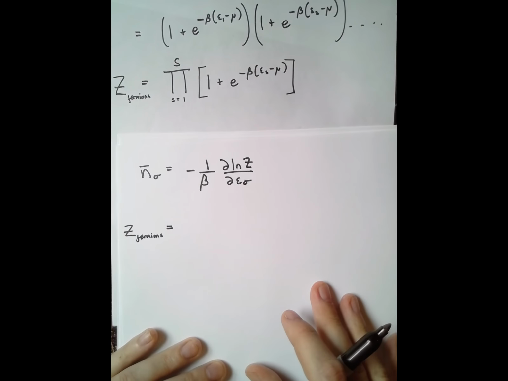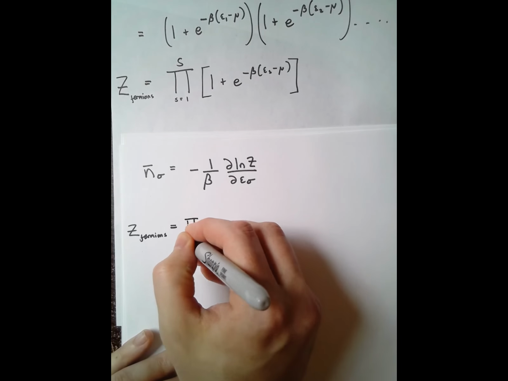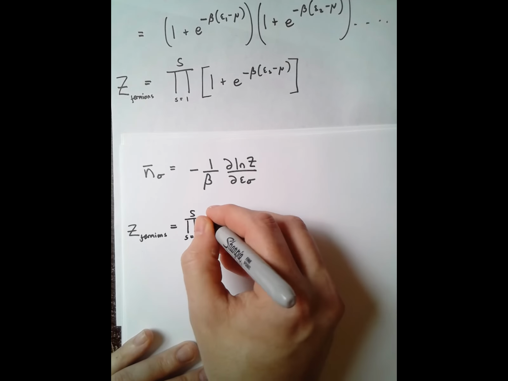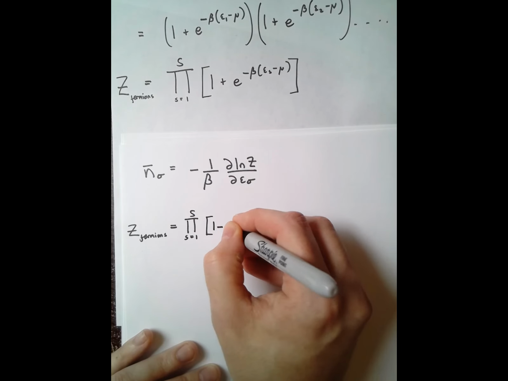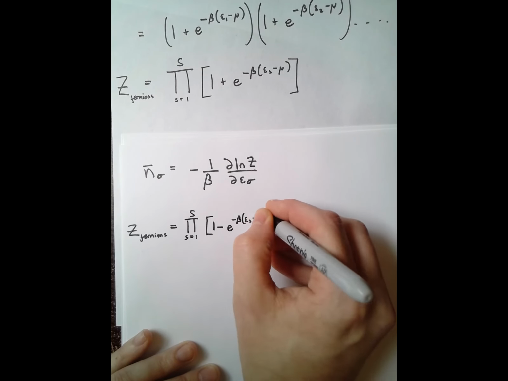that the partition function was the product over the single particle states of the system into 1 minus e to the minus beta epsilon s minus mu.